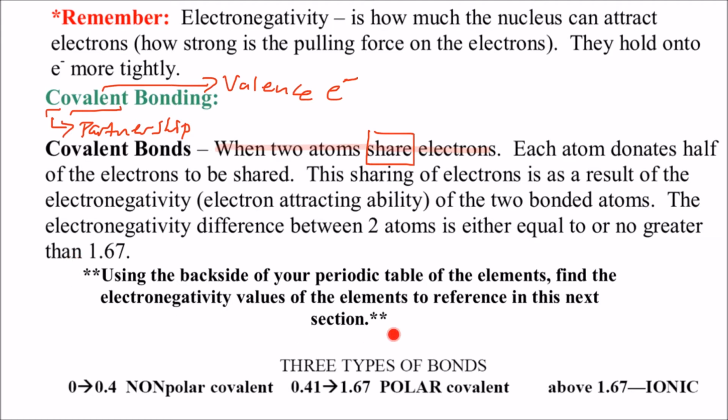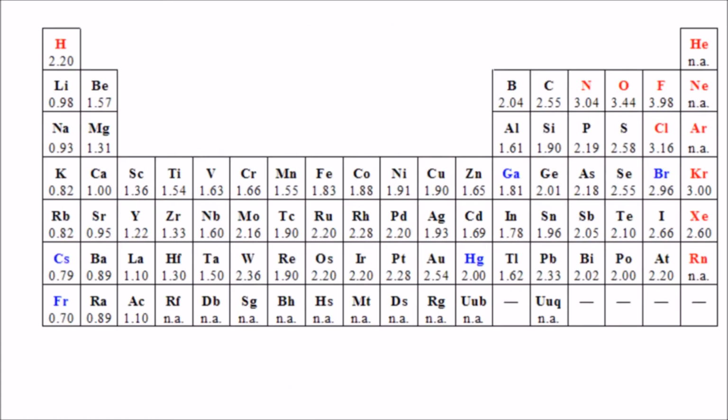On the back of your periodic table that you have in class, you'll see a new periodic table, and it will have a listing of the electronegativities for every single element. We're going to need that in this section. Mine is different than yours. Mine has only the electronegativities on it. Yours has a lot more information on it. Here's how to help you with that.